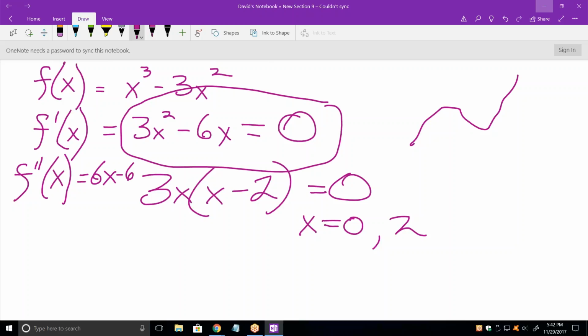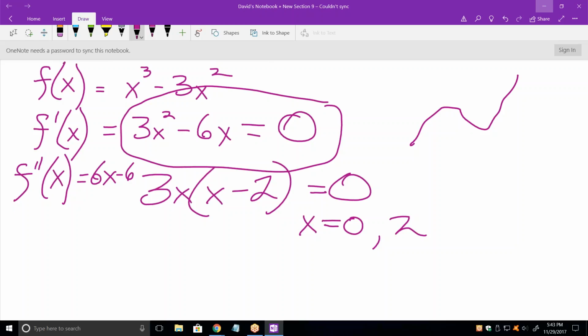If I take these two points that I came up with, 0 and 2, and plug them into the second derivative, all I want to know is whether it's positive or negative. If it's positive, it means it's concave up. Associate up with positive. If it is negative, it's concave down.